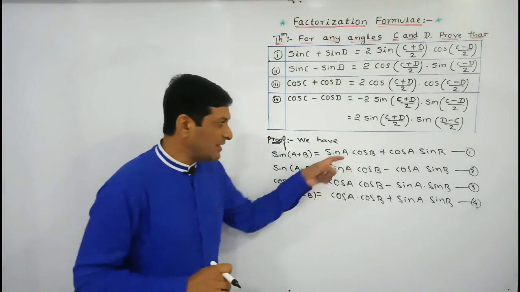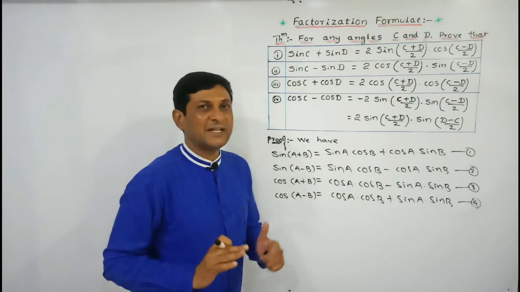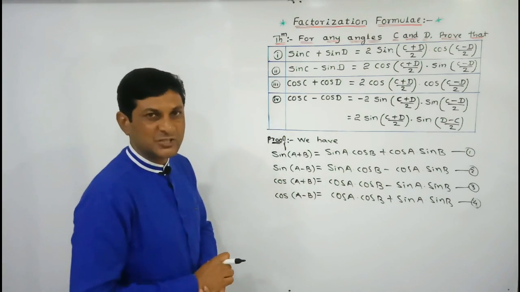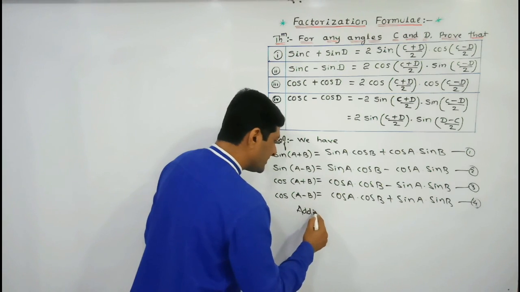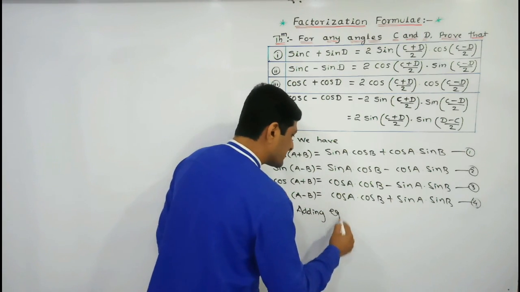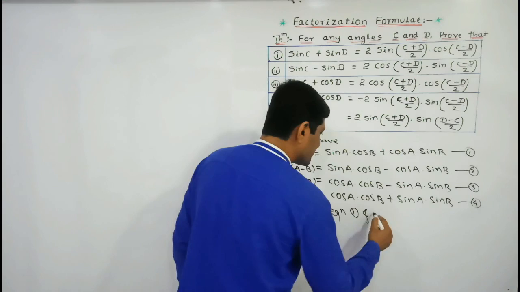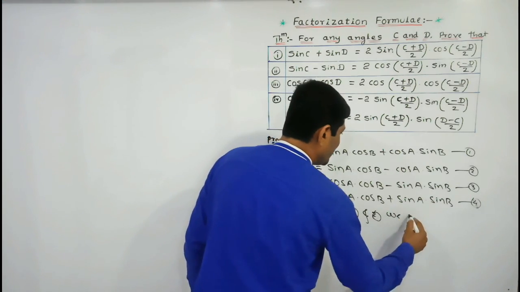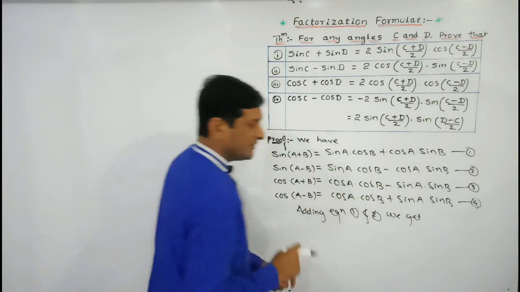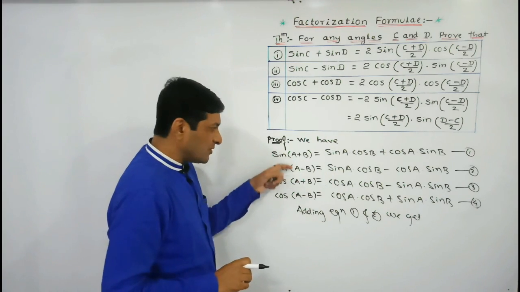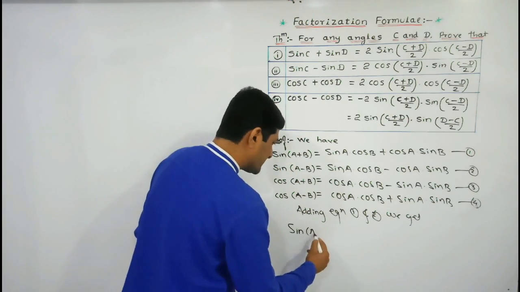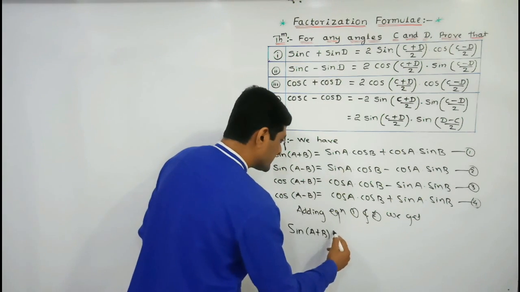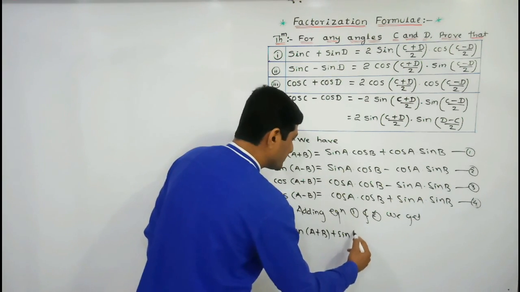Now we are taking the addition of equations 1 and 2. Let us see what we get if we add these two equations. On the left hand side we get sin A plus B plus sin A minus B, isn't it?